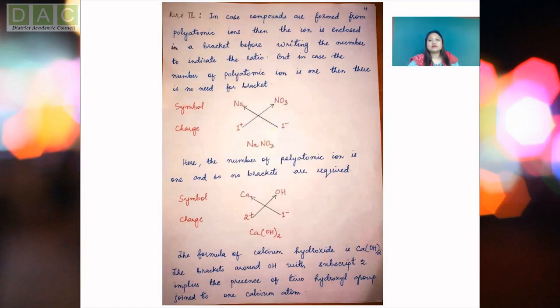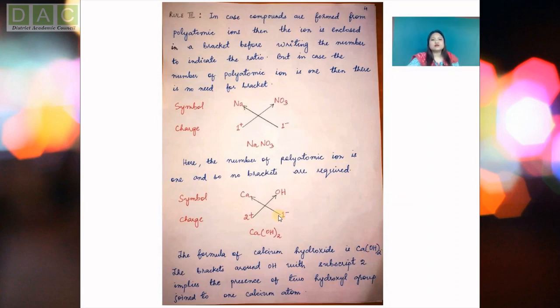Here in this case the number of polyatomic ions is 1, and so we don't need a bracket. We will write it directly as NaNO3.